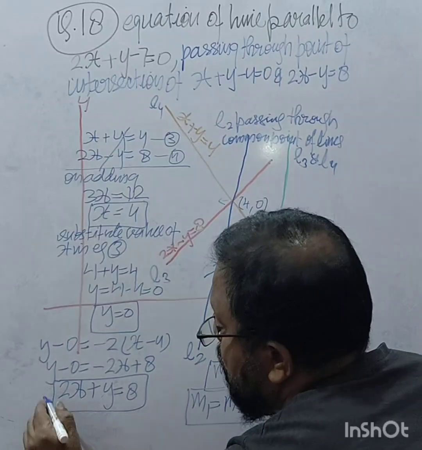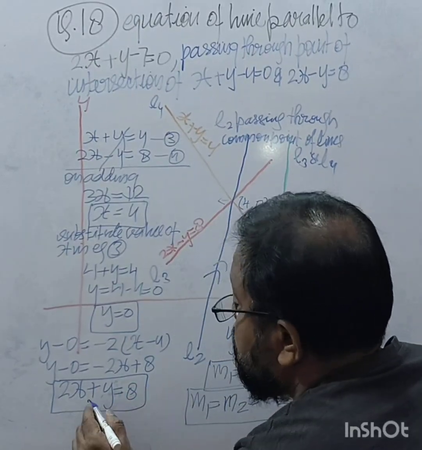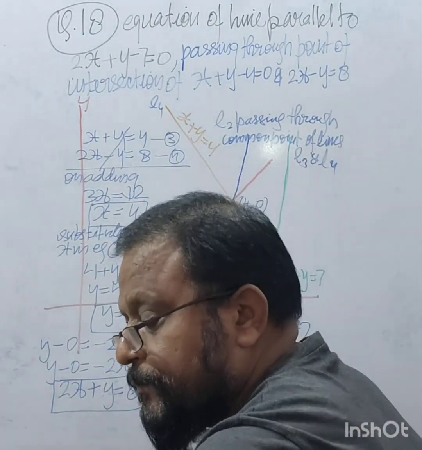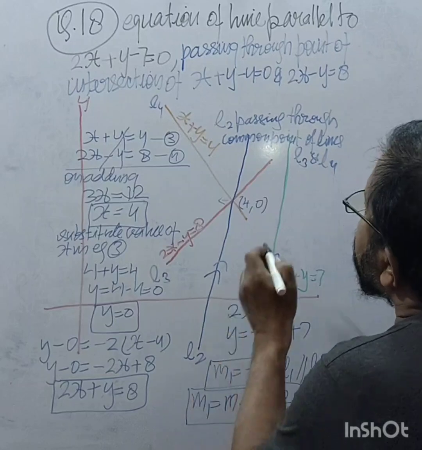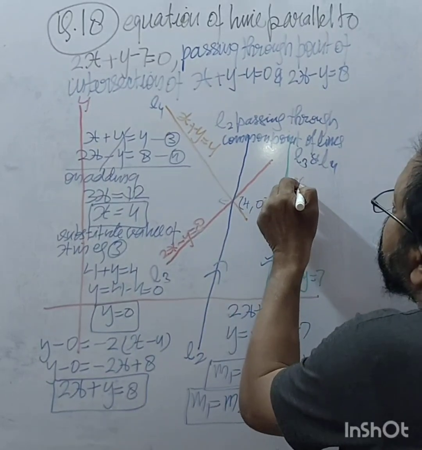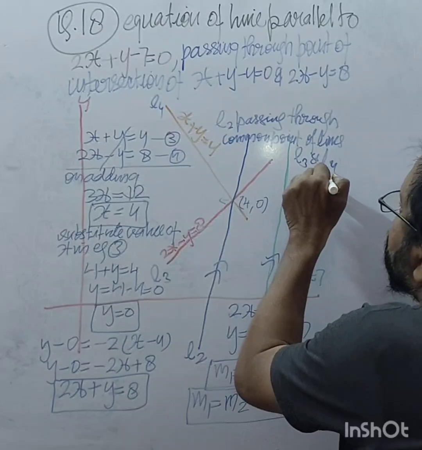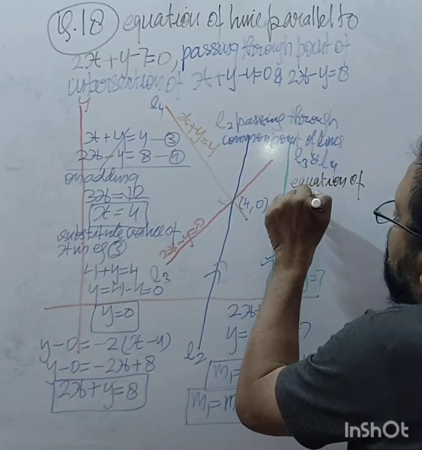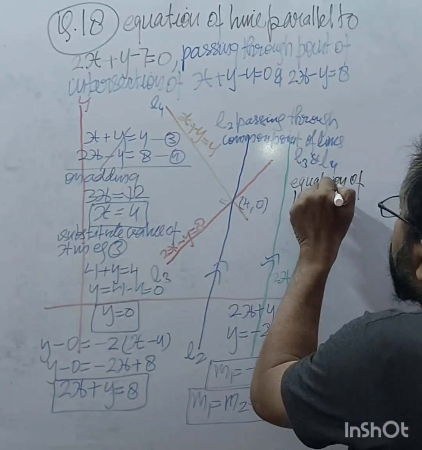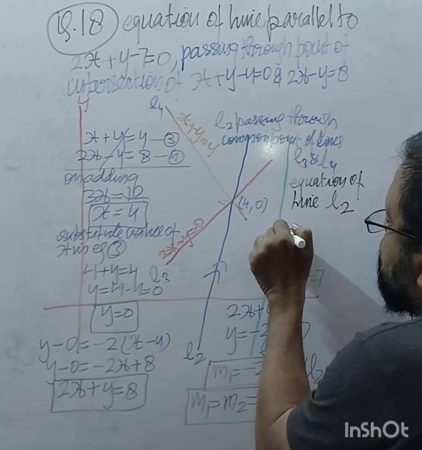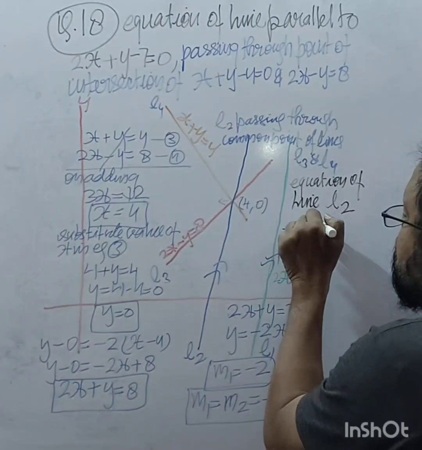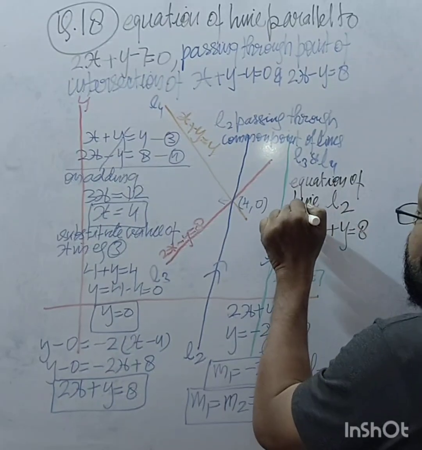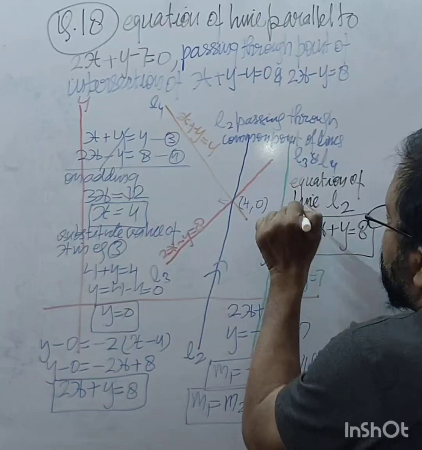So the equation of line L2 is 2x plus y is equal to 8. Is it correct? Yes.